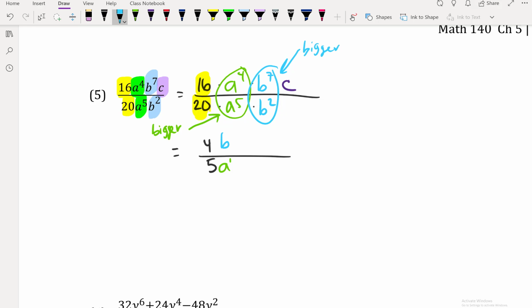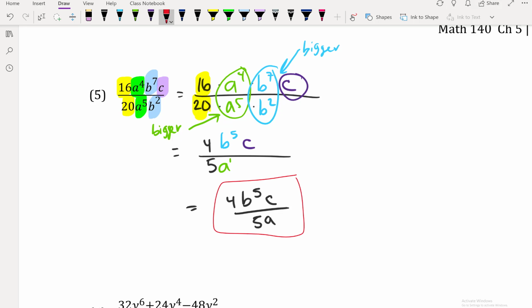So I know I'm going to have my B up on top. So it would be 7 minus 2, which gives me the 5. And of course, I can't forget about that C. That C is there as well. So really, I have 4b to the 5th c over 5a, which is going to be my final answer.